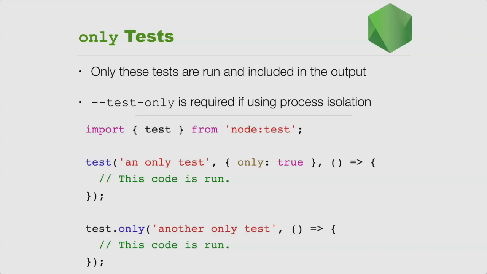So I think Node Tap, which is another test runner, has something similar because they also use process level isolation. If you're not using process level isolation, so something like the way Mocha works out of the box, then you don't need to do this. If you're running a single test file by itself, like node test.js, then you also don't need to do this. But that was a caveat worth pointing out.